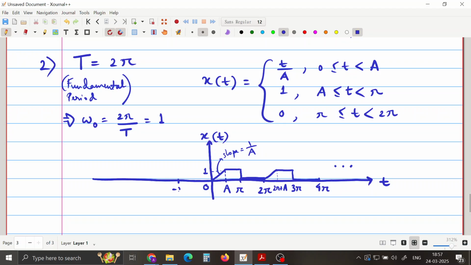Somewhere here I'll have minus pi. This point is minus 2 pi plus A. You can check for these small things. It's not very tough to figure out.